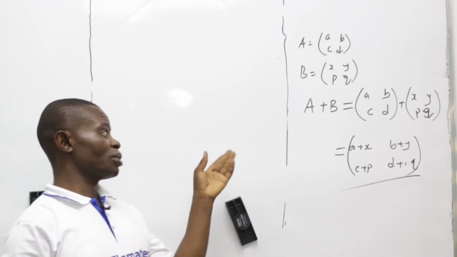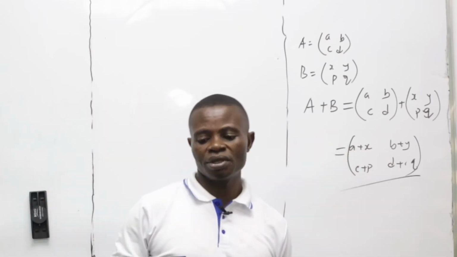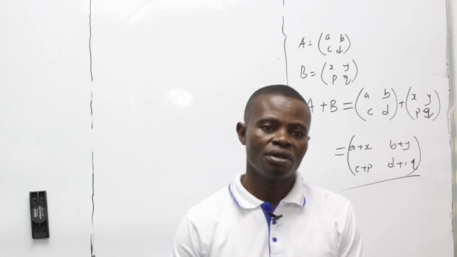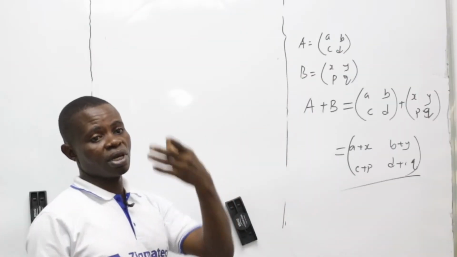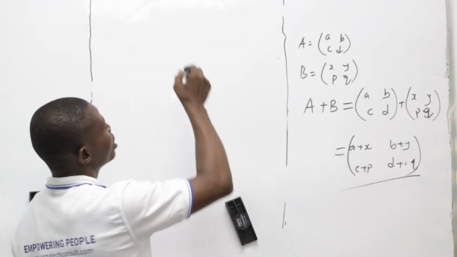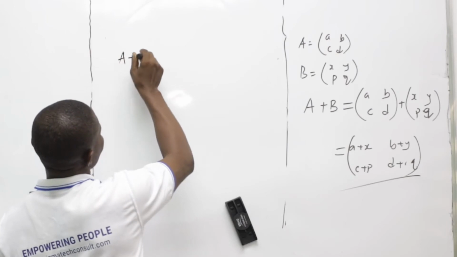In terms of subtraction, you are going to see a minus sign. Let's see a question. Given that A is this and B is this, find A plus B. Watching what I just did, adding the two matrices, we don't have any challenge in doing that.